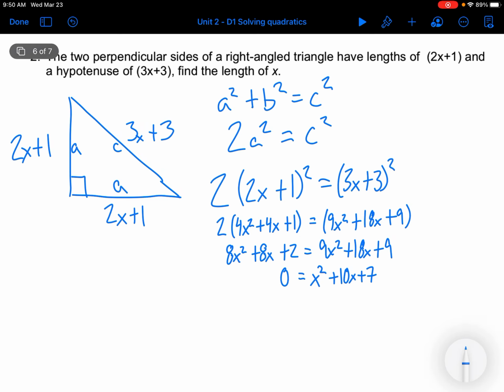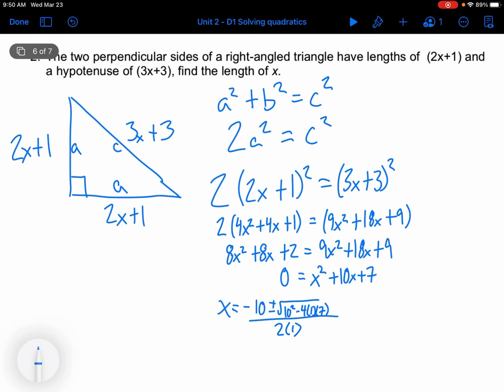This doesn't factor. So I'm going to just say x equals negative 10 plus or minus the square root of 10 squared minus 4 times 1 times 7, all divided by 2 times 1.